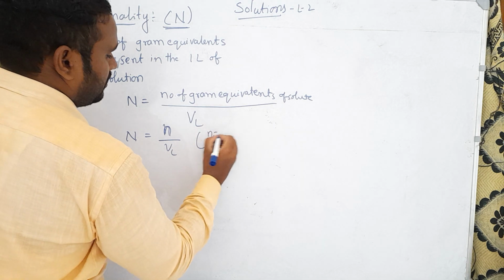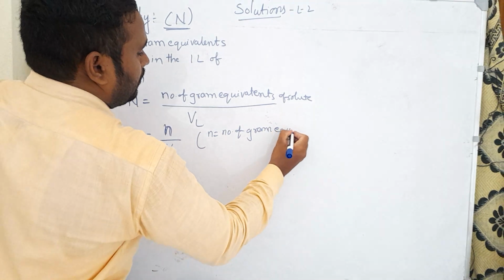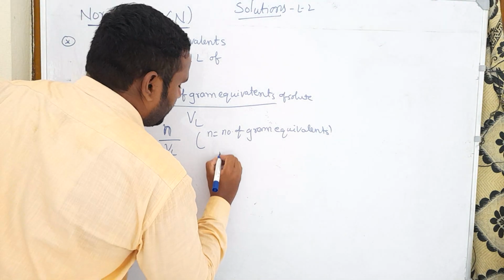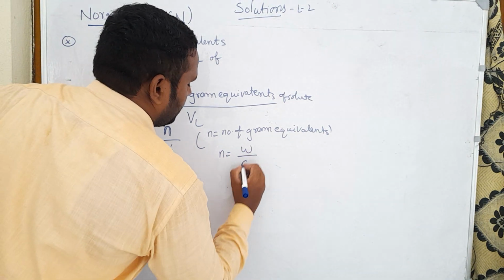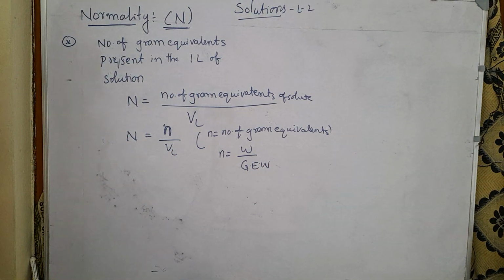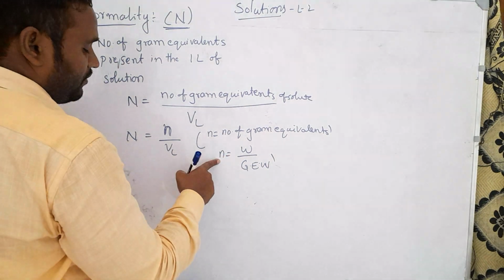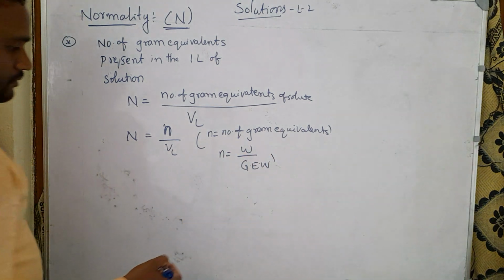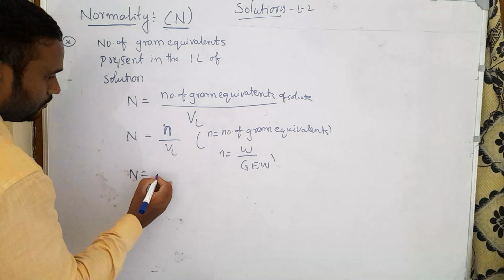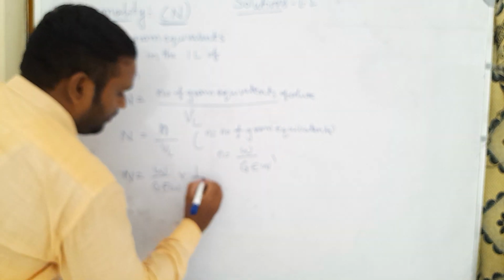How can we find the number of gram equivalents? The formula is weight by gram equivalent weight. Now substitute this value: N is equal to weight by gram equivalent weight into 1 by VL.